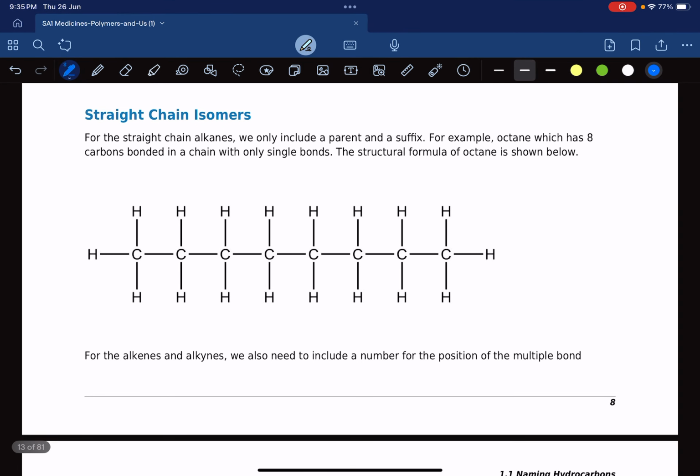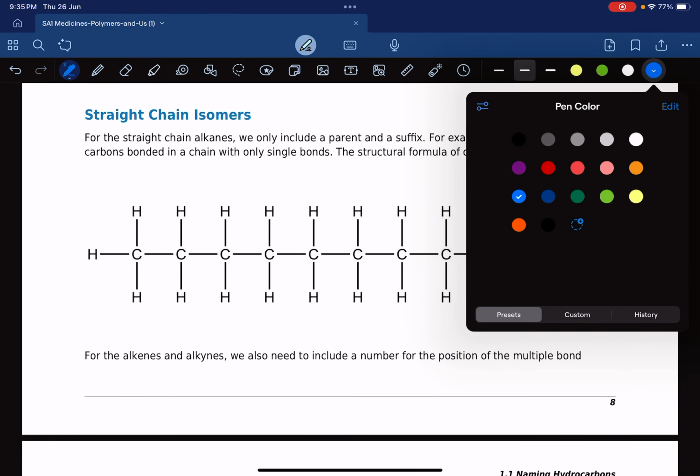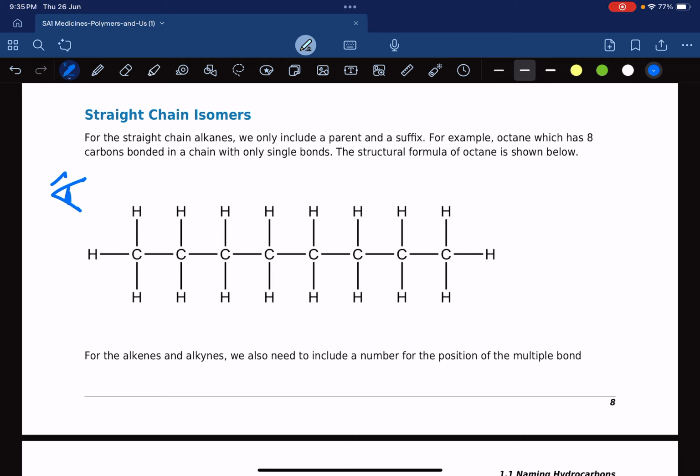The first thing I want you to notice is that there is no double bond and there is no triple bond. So you know for a fact that this is an alkane. No double bond, no triple bond, alkane. In this particular case, it looks so symmetrical, both sides are the same.